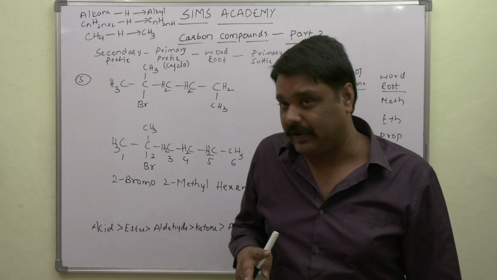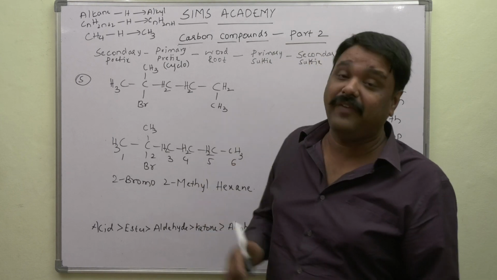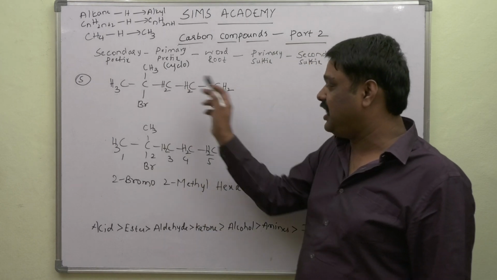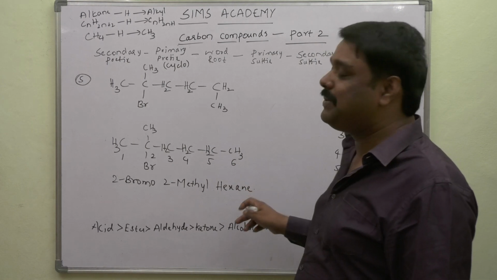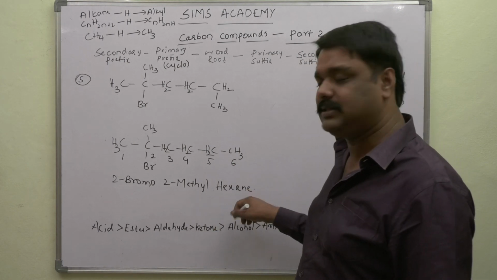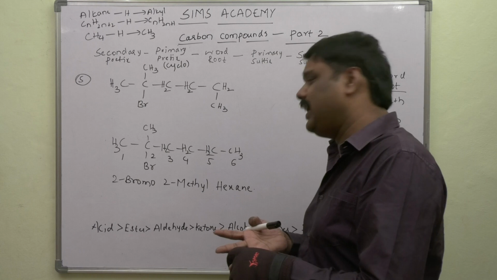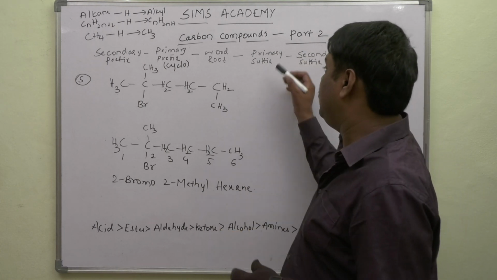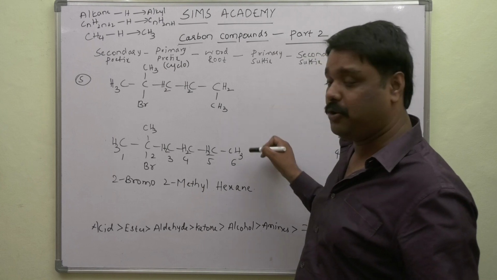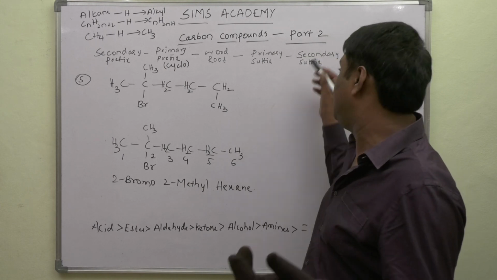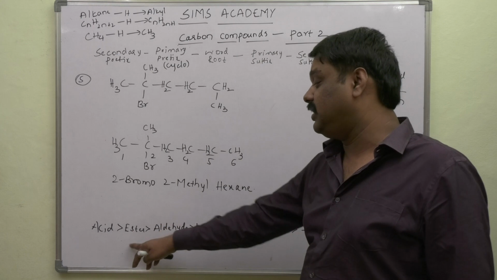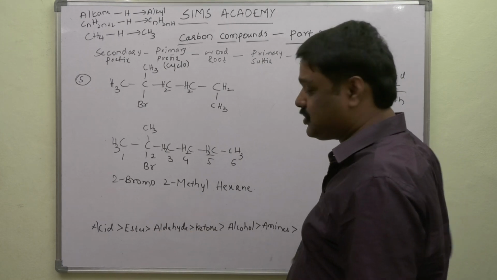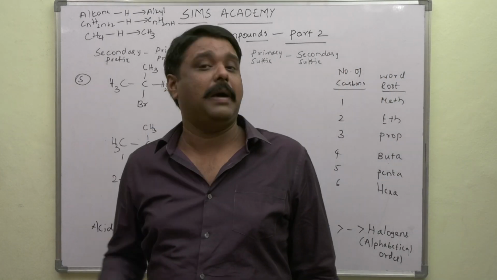Word root, number of carbon compounds. Primary suffix, it is meant for the saturation. In all these examples we have taken only alkanes. And what about alkenes and alkynes? We are going to deal in the part 3 anyway. Next, primary suffix about the saturation or unsaturation. Secondary suffix we discussed regarding the functional group in the next part.